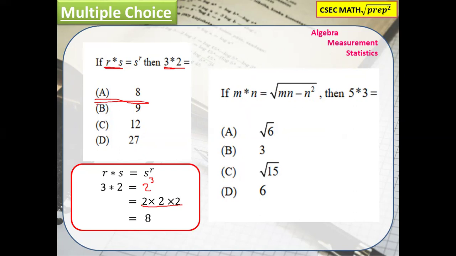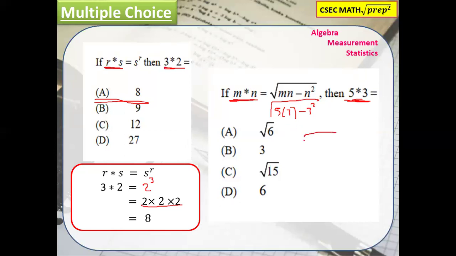Okay, the next question is very similar to this. Let us note that M asterisk N is the same thing as 5 asterisk 3. So let M be 5. So what we have is the square root of 5 times 3 minus 3 squared.